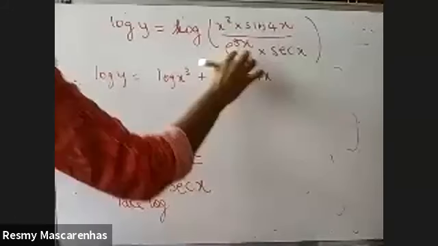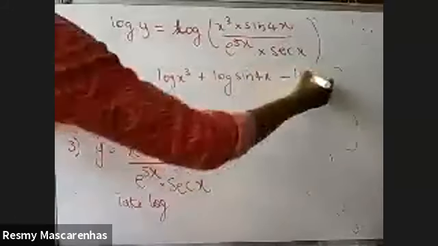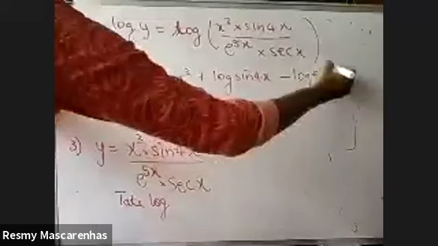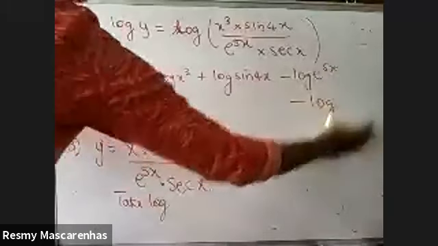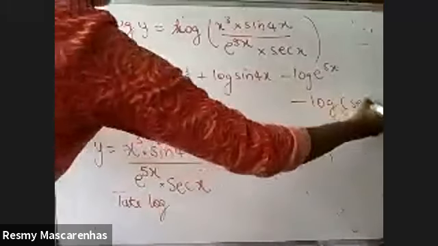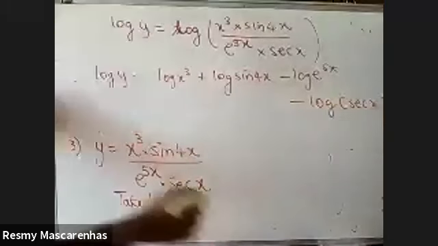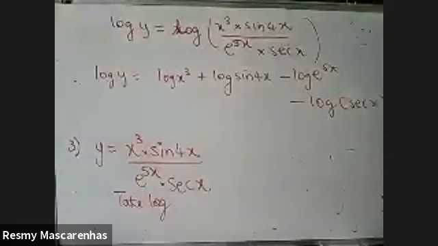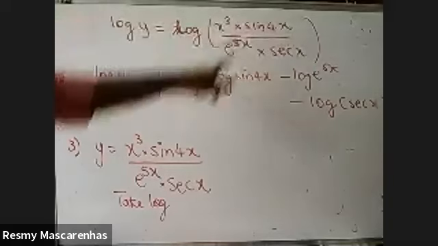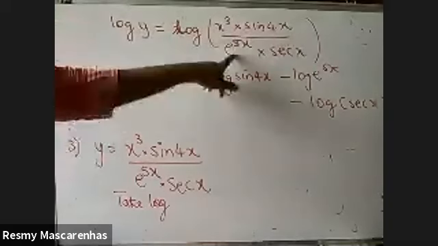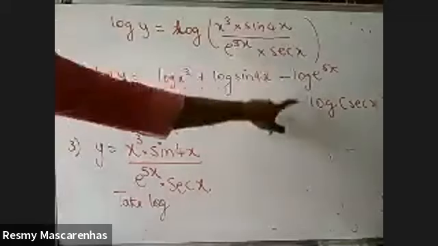Since this is at the denominator, it will be minus log e raised to 5x minus log of sec of x. So applied log to all the terms. A into b, numerator into means plus, denominator upon means minus.